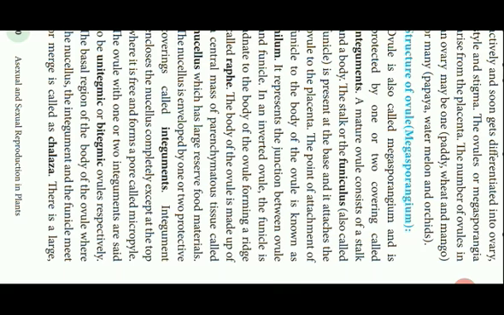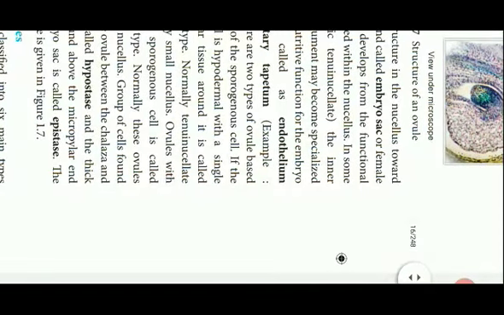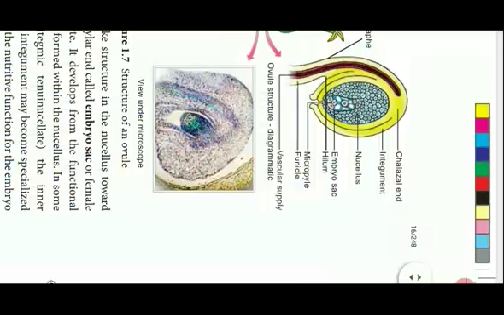Okay, the basal region of the body of the ovule, where the integument, the nucellus and the funicle meet or merge, that point is called chalaza. So what is the chalaza?